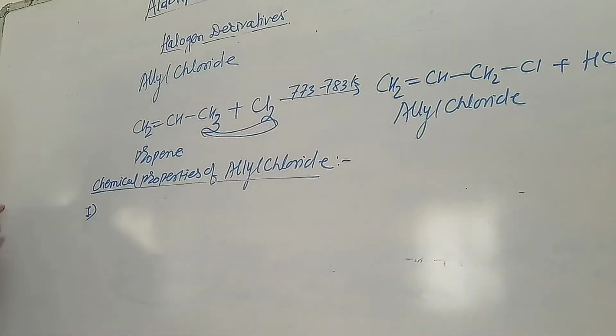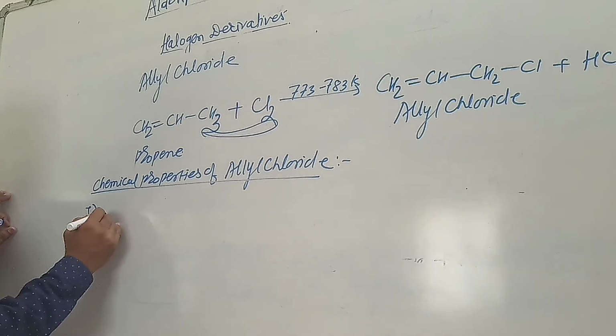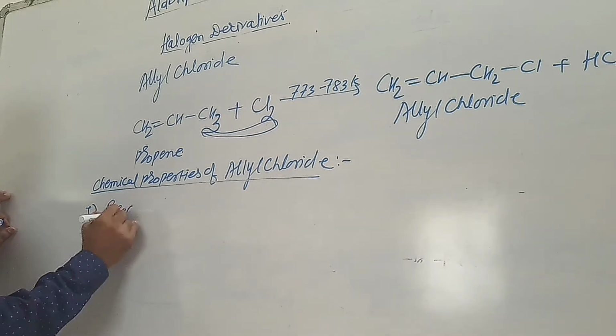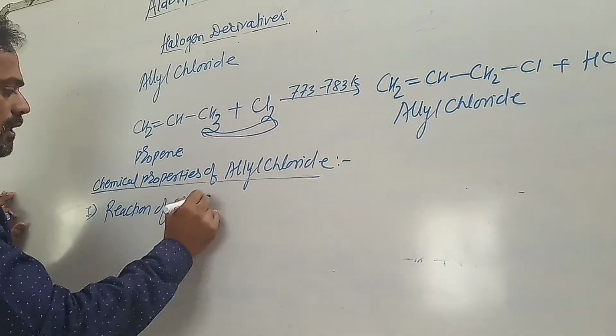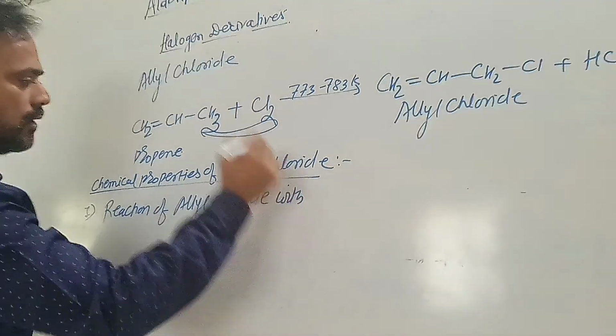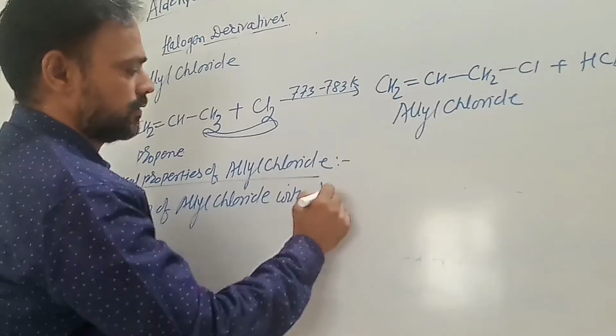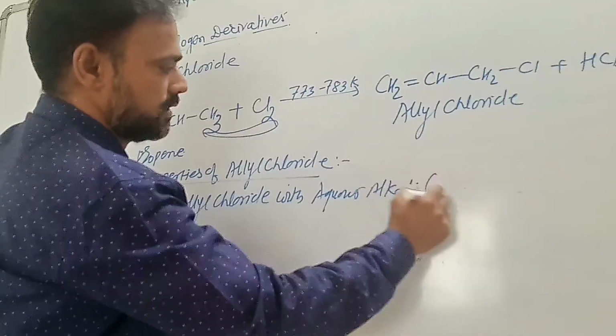The first chemical property, the first reaction of allyl chloride, is the reaction of allyl chloride with aqueous alkali, that is KOH.